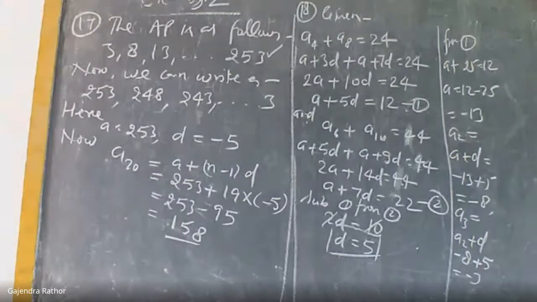Pratham, I think you changed the order of the terms. The first term is minus 13 and the second term is minus 8. You wrote minus 8 as the first term, so we check. Yeah, correct answer, Pramod.